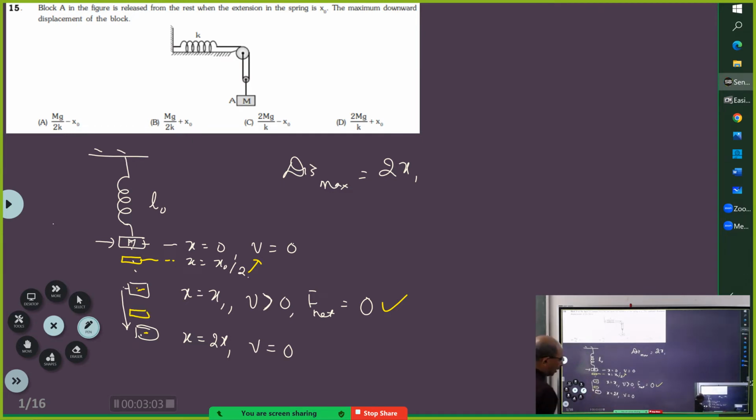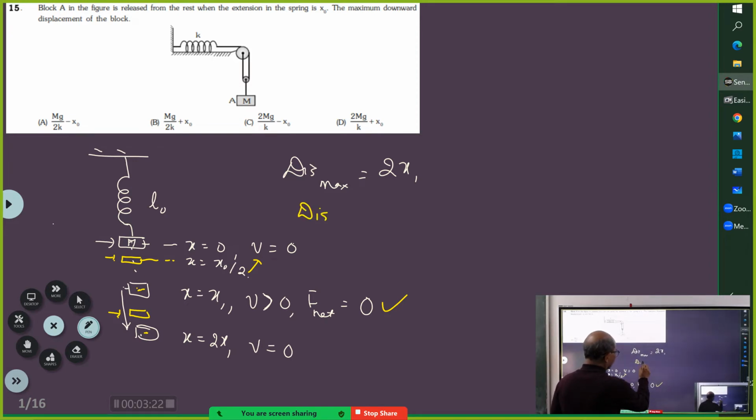So supposing you have taken this position to be the initial position, what will be the maximum displacement in this case?